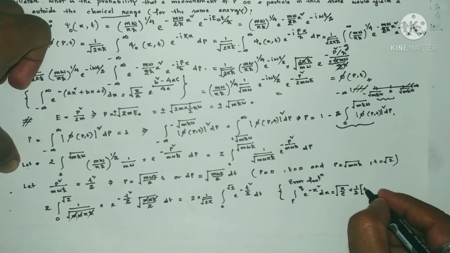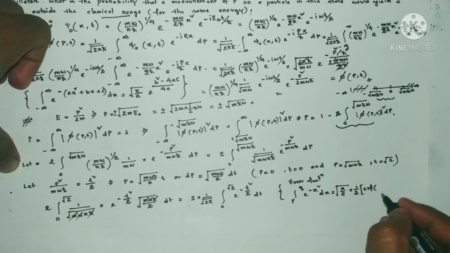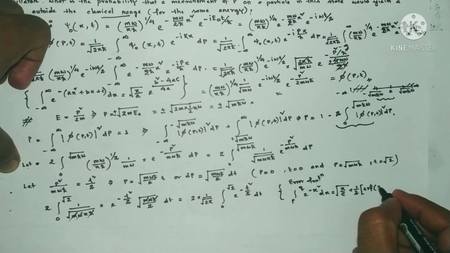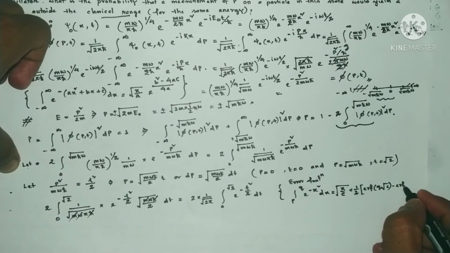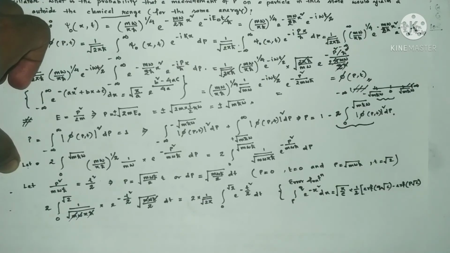Then we have error function, your upper limit q into root c minus error function, the lower limit into root c. So this is the formula, is it?